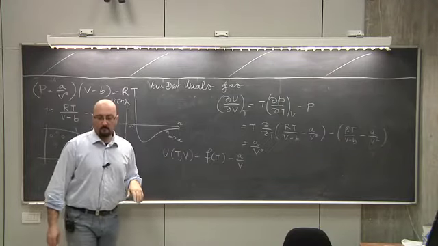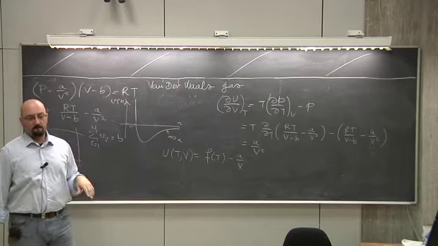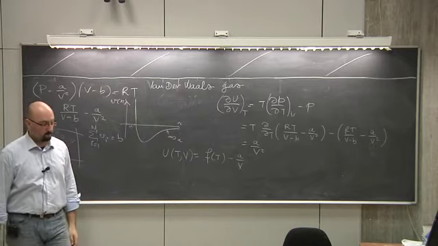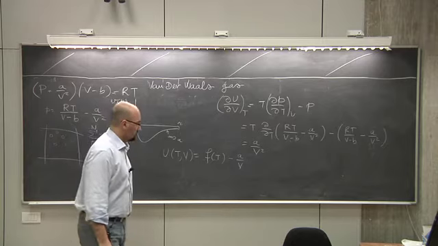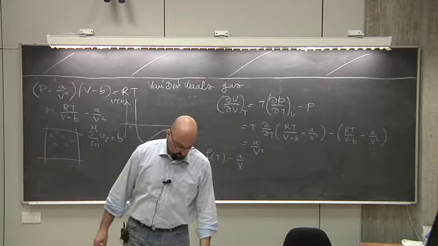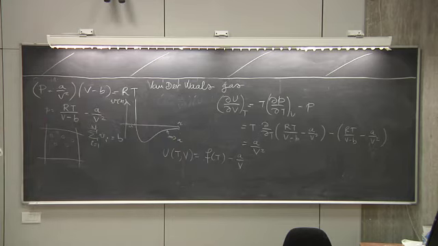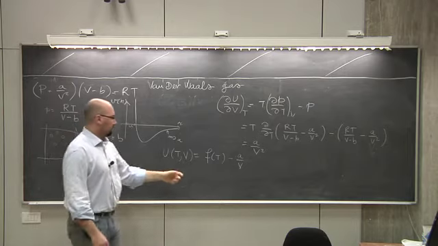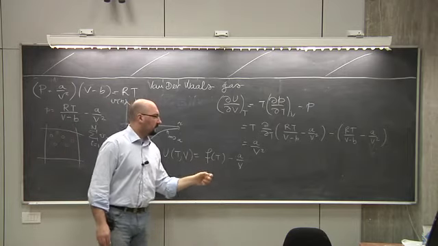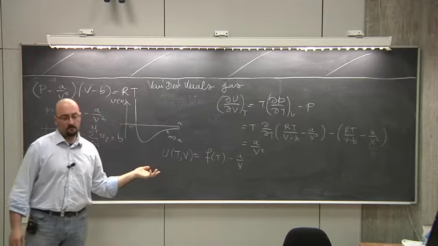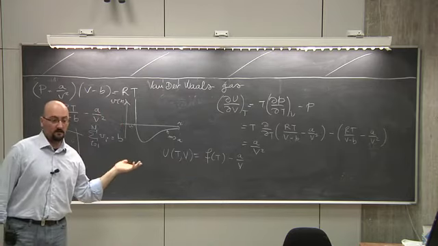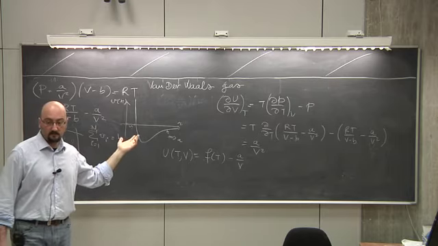So the function f of T is completely arbitrary at this point. We don't have any means of deducing it from the van der Waals equation.